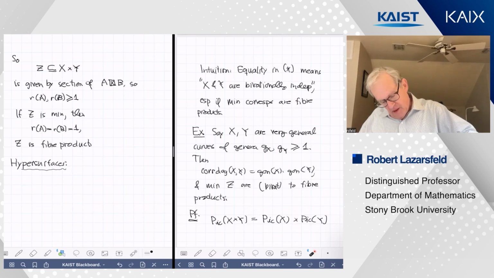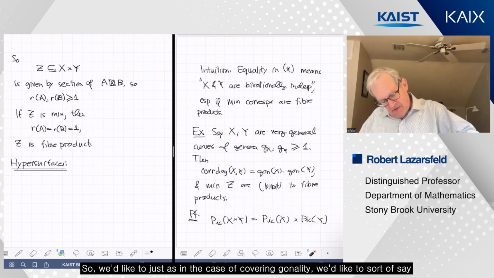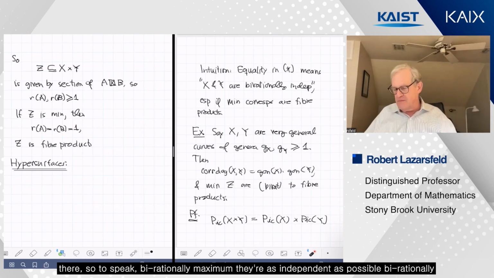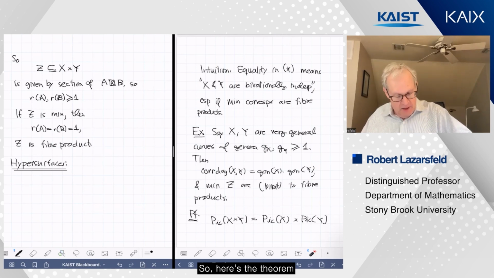Just as in the case of covering gonality, we'd like to say that if you take two very general hypersurfaces, they are birationally as independent as possible. So here's the theorem.